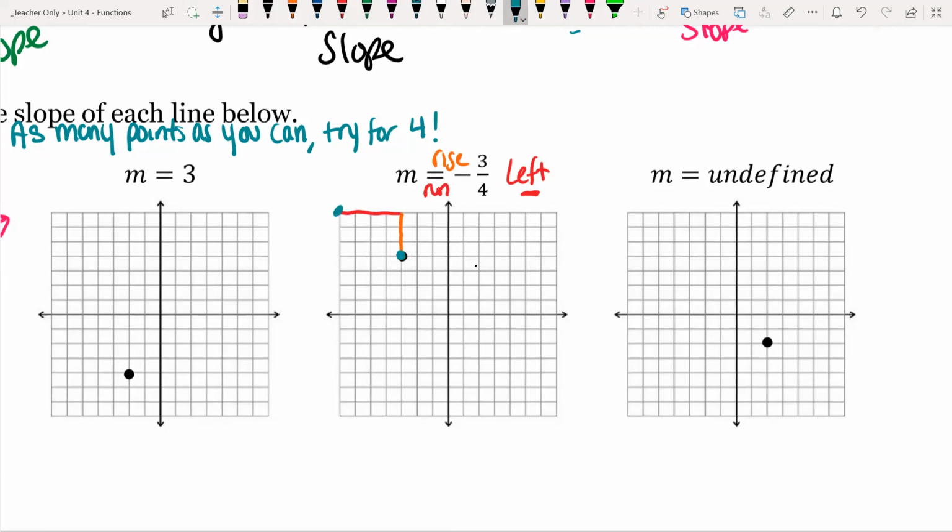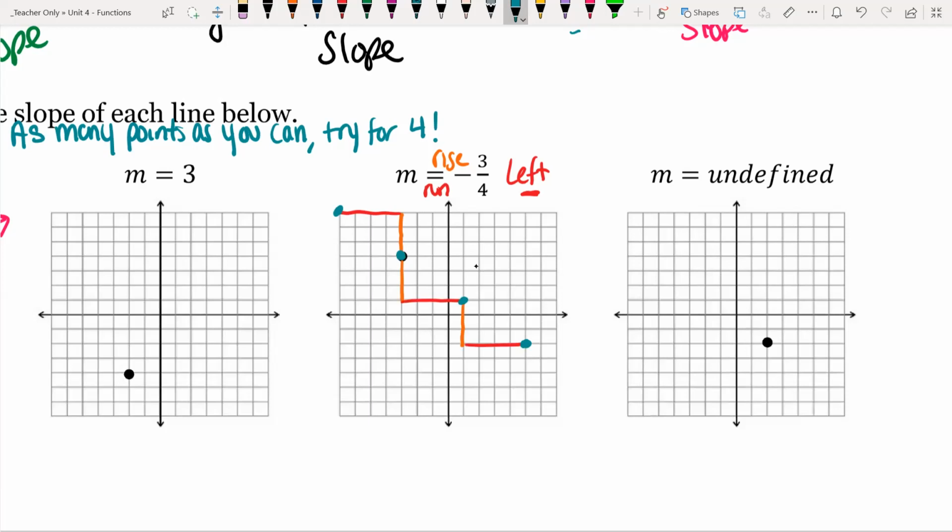Now, I can't go up and to the left anymore. So I'm going to do the opposite. I'm going to go down and to the right. Okay? So I'm going to go down 3, right 4. And there's a point. Down 3, right 4. So again, I'm just counting the boxes.